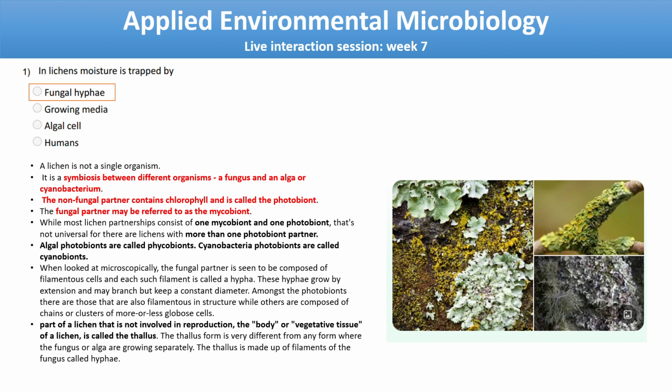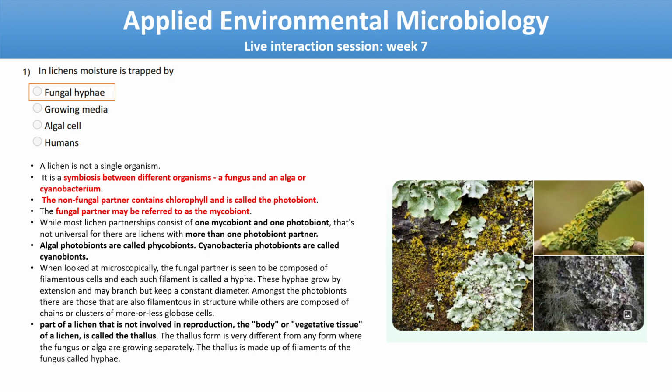Now the lichen consists of, as I said, one mycobiont and one photobiont. However, that is not universal. Sometimes the lichen can have more than one photobiont, that is more than one algae or cyanobacterium as a partner.